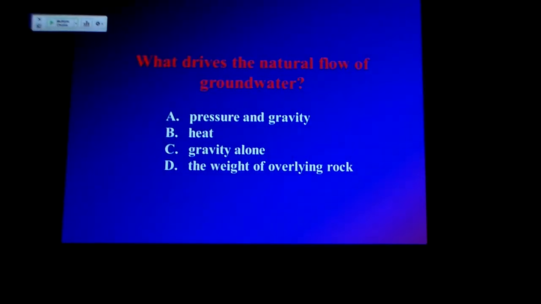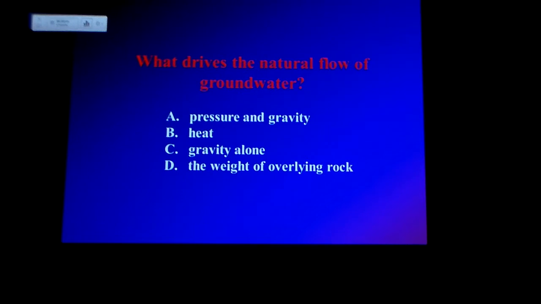Okay, what drives the natural flow of groundwater? What do you think it is? Okay, everybody in?